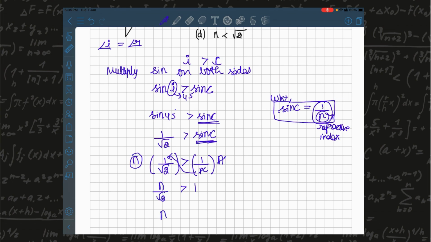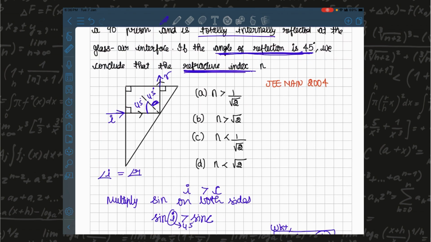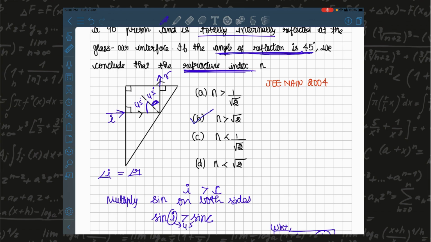Now taking this root 2 over here, we multiply root 2 on both sides, so that root 2 gets cancelled on the left side and comes to the right side. So n is greater than root 2. This is the final answer. So option B, n greater than root 2 is the right answer.